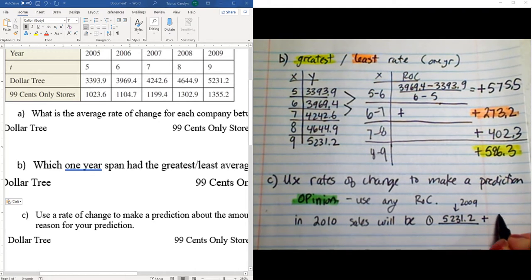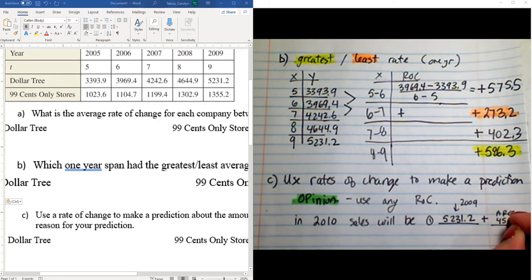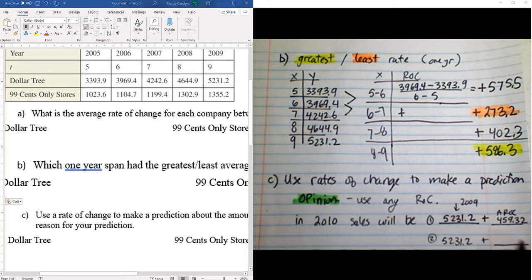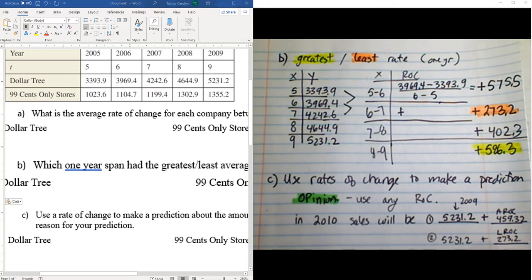Now, I could add the average rate of change. My average was 459.32. The second thing I could do is I could maybe go for a low estimate, and I could add the least rate of change, which is 273.2. Or maybe I go for a higher estimate, and I put in the greatest rate of change.